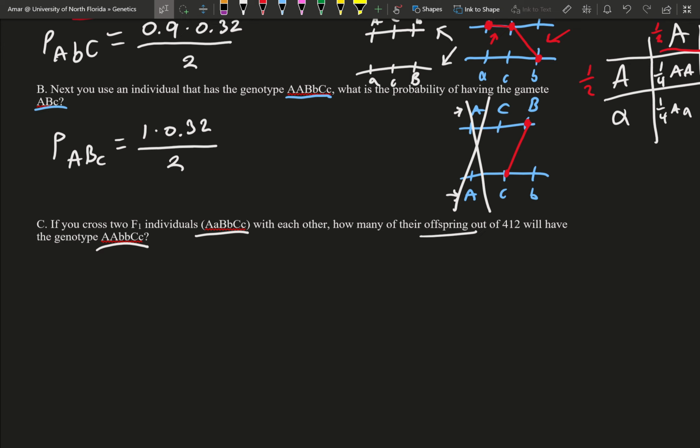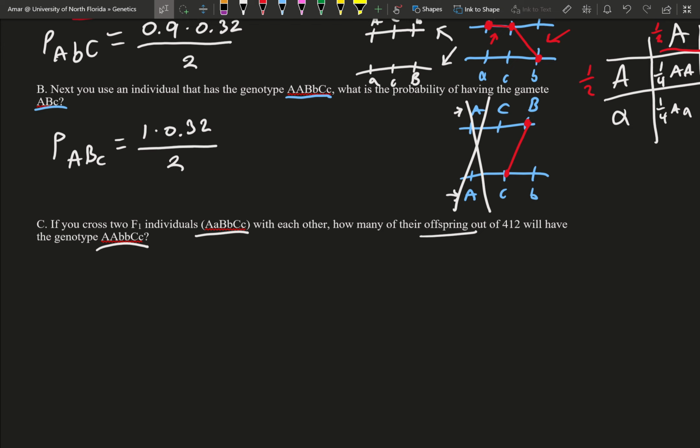Now, most of the time, genetics professors are going to be nice to you, and they're not going to have you suffer through making 64 different possibilities for a huge tri-hybrid cross. So they're going to give you quick shortcuts that you can use for these problems.